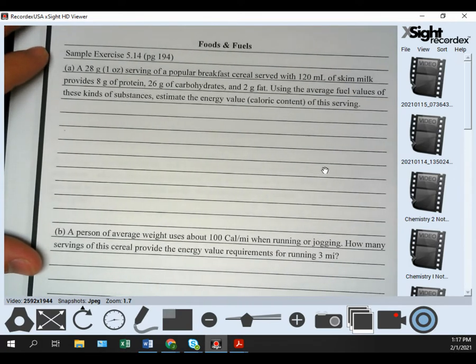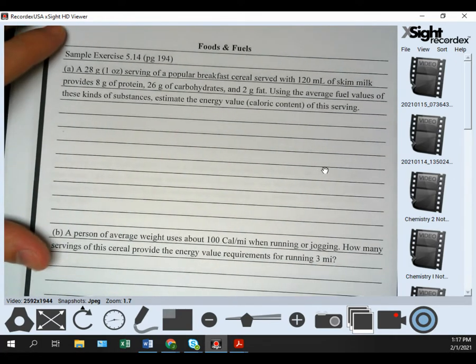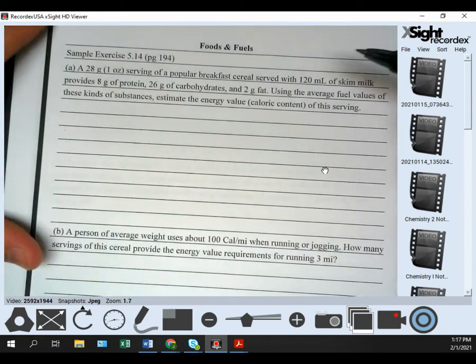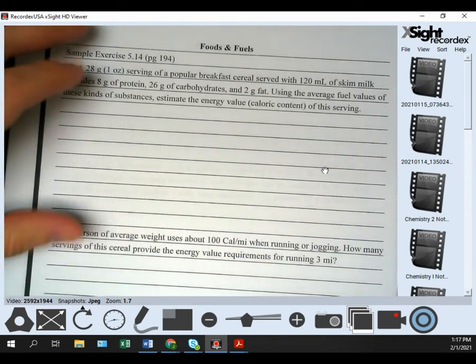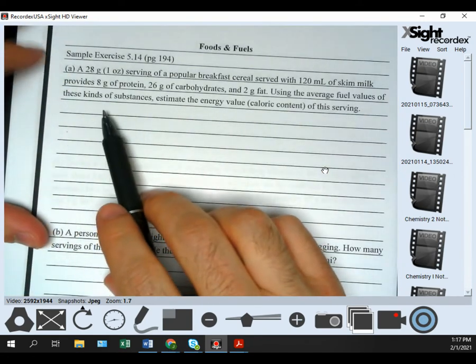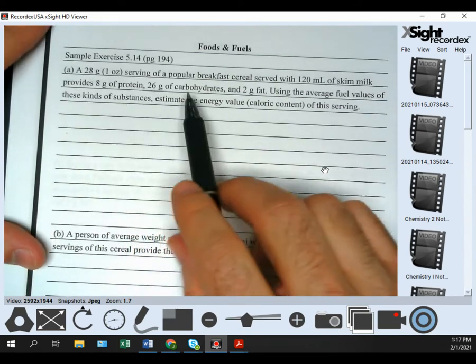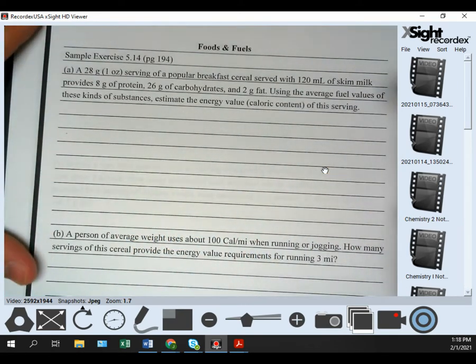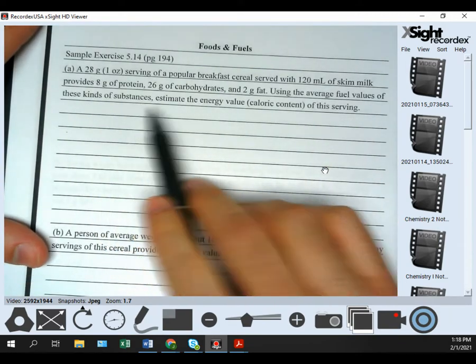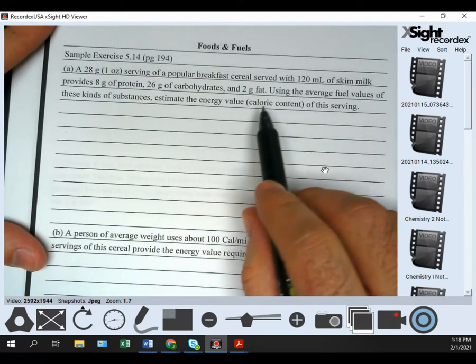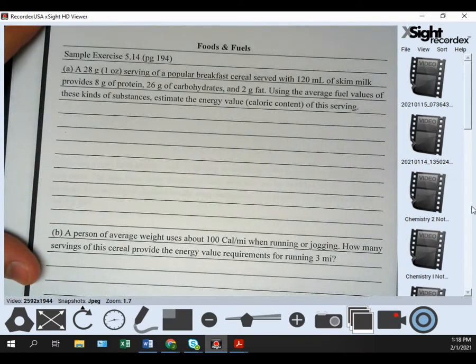A 28-gram, 1 ounce serving of a popular breakfast cereal served with 120 milliliters of skim milk provides 8 grams of protein, 26 grams of carbohydrates, and 2 grams of fat. Using the average fuel values of these kinds of substances, estimate the energy value, caloric content of this serving.